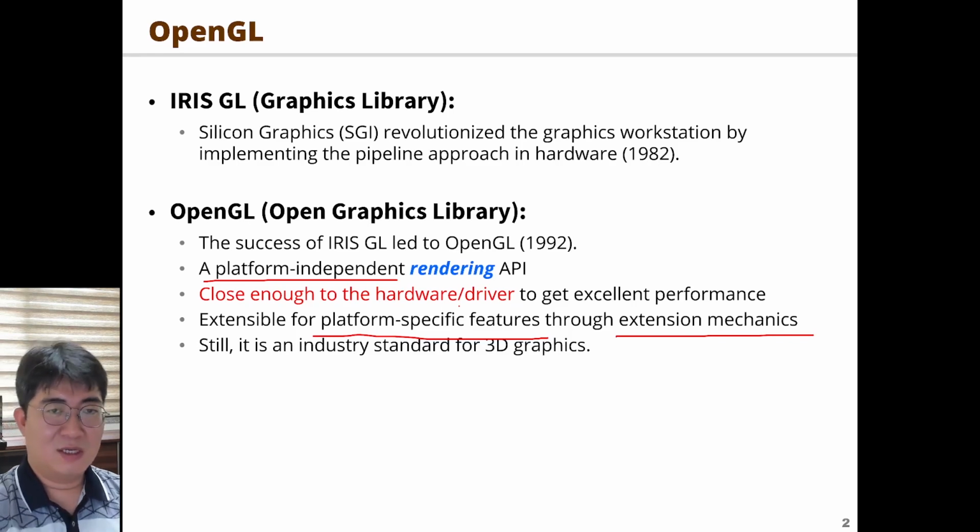Then, when there are new standard features, they revise the OpenGL to a higher version. That is the system for improving the OpenGL version.